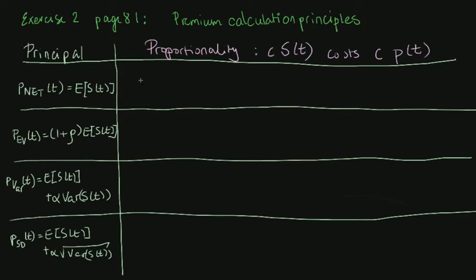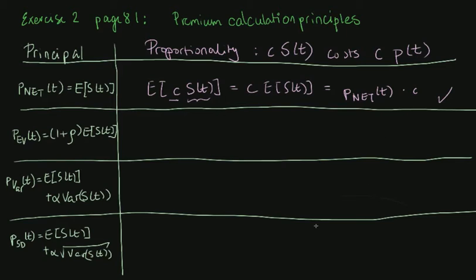So let's see if that happens. In the net value principle, I have the mean of S of t. I can take the constant outside, and then insuring some constant c multiplied by my total claim size just costs the same as what it would cost to insure the total claim size S of t, and then scaling with the c.